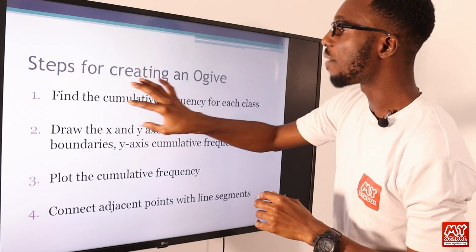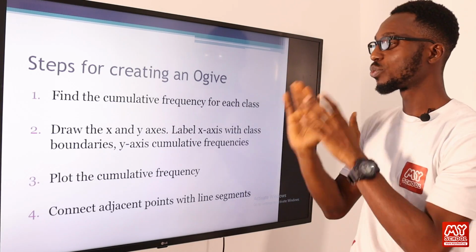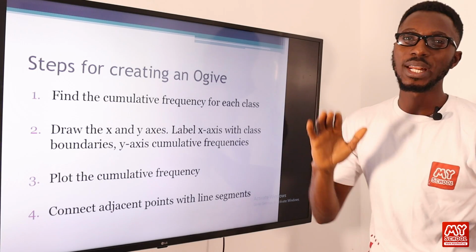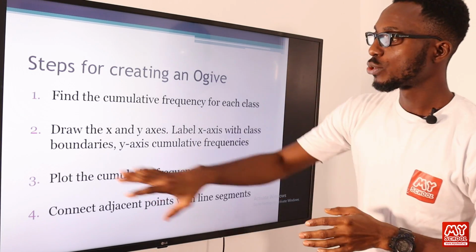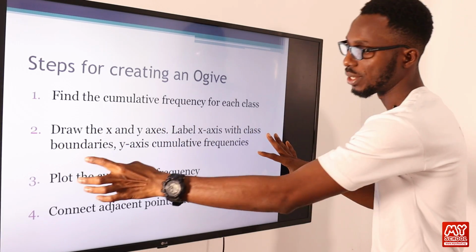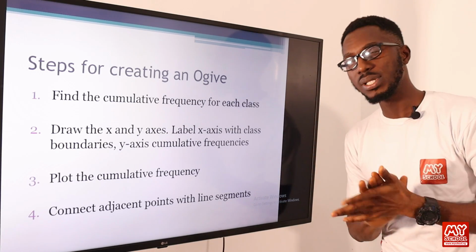At first, you have to find your cumulative frequency for each class. That is one thing you need to do. So how do you find your cumulative frequency? Of course, we have better examples for us to be able to do that properly and effectively. Number 2, you draw the X and Y axis. You label the X axis with the boundaries. So right here, you use boundaries. What is class boundary? What is class mark? What is class interval?